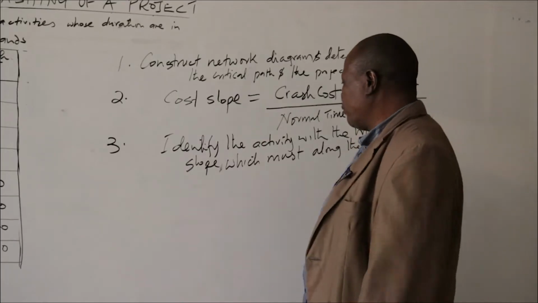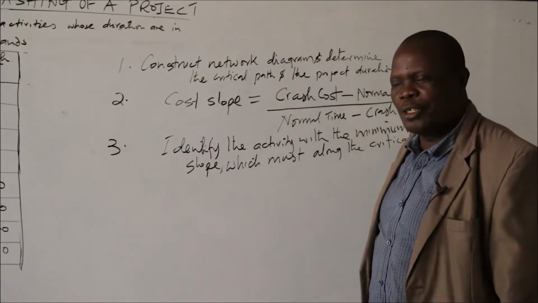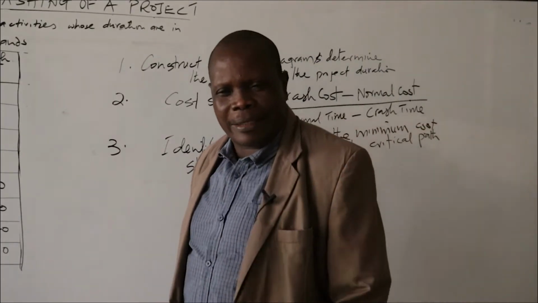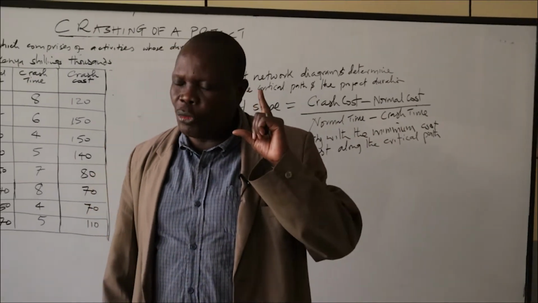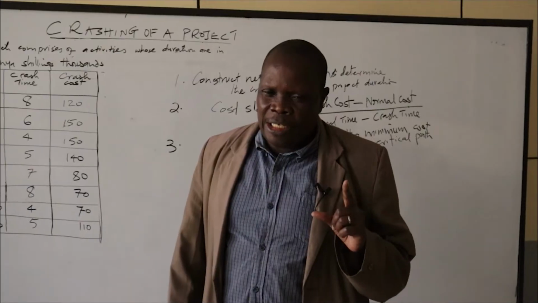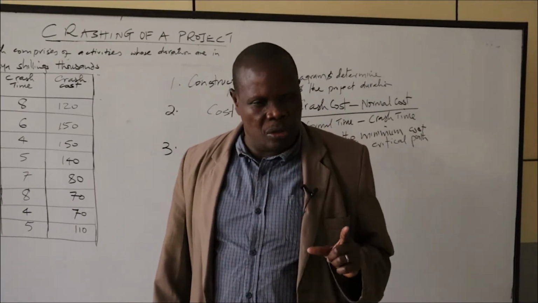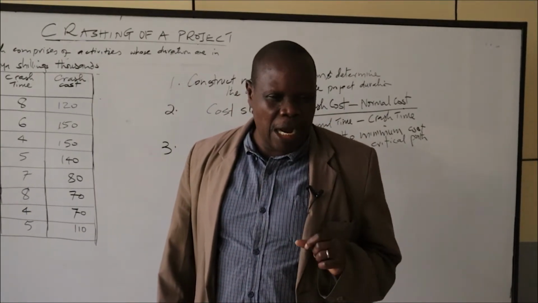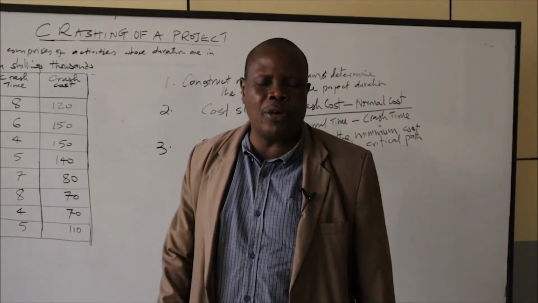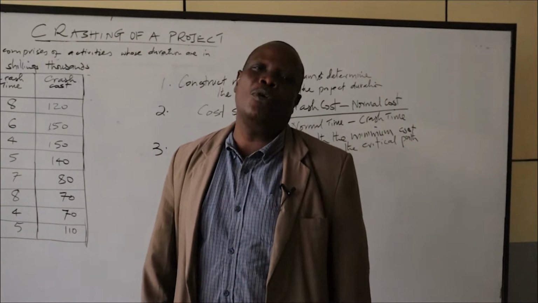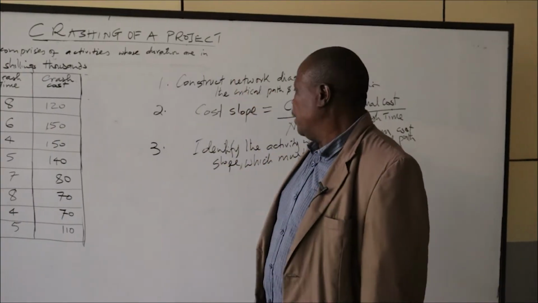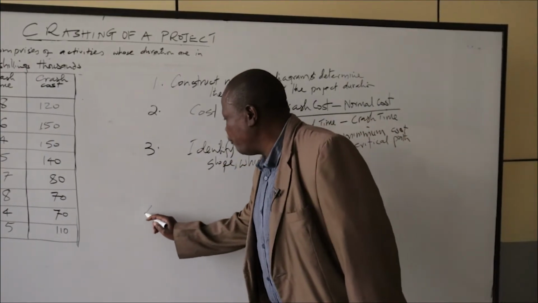Why do we have to identify the activity with the minimum cost slope? We want to crash the project when we have economics in mind. It must be economical to crash the project, and therefore we must go for the activity which has the minimum cost slope.